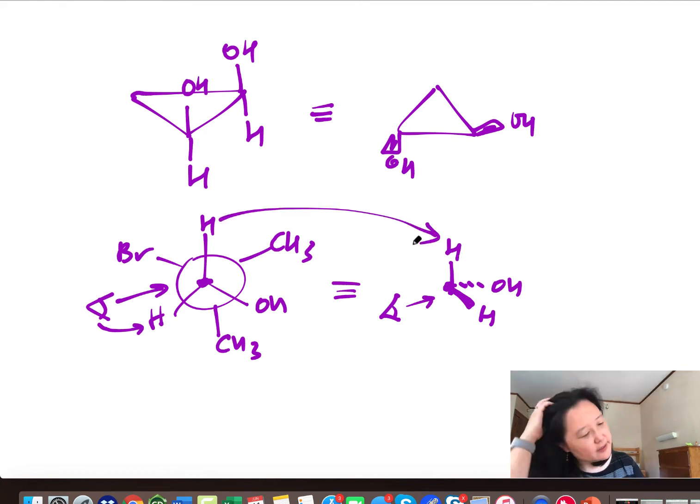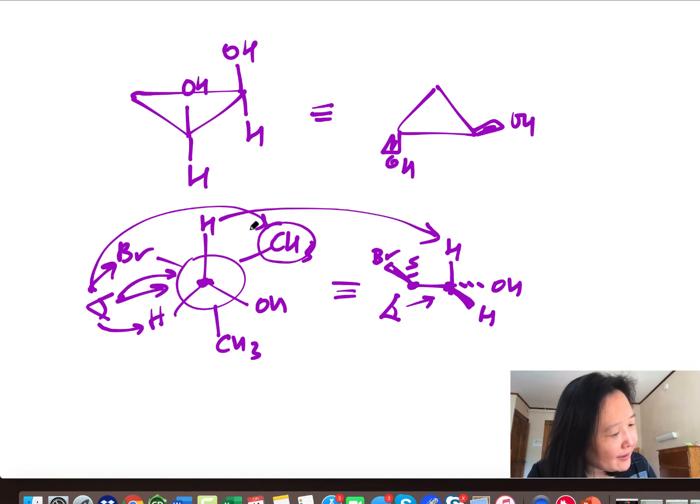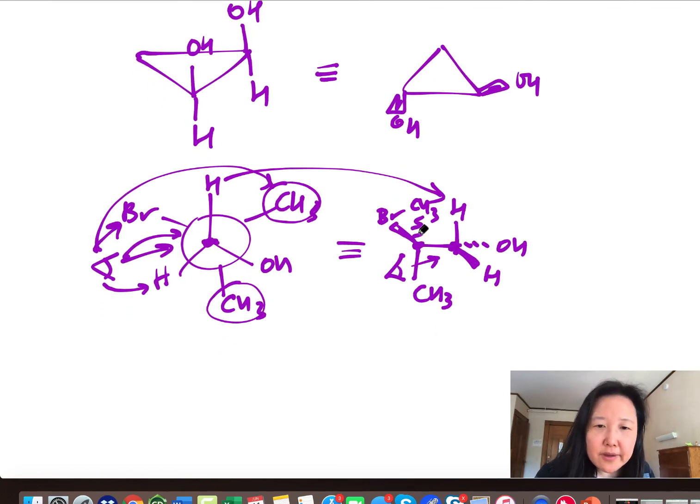Okay, so you can think of it that way, and then this might go over to the right, and now I'm seeing the carbon in the back, and my bromine's in the front closest to my eye, and my CH group is behind, right? So you have to have it behind. And then I've got another group pointing down right here, CH3. So redrawing it might help you.